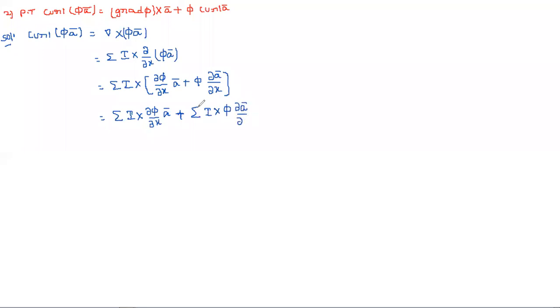Here phi is a scalar and a bar is a vector. If you multiply a scalar on either side, there is no change. So we write summation i cross dou phi by dou x into a bar.